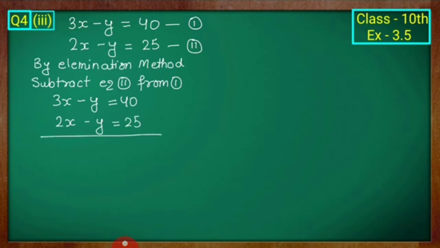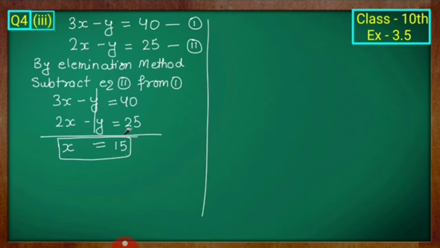That is the second equation. Now we subtract both the equations because we are going to eliminate the y term, and y has a negative sign in both the equations. For the same sign we have to subtract. So 3x minus 2x is equal to x, and 40 minus 25 is equal to 15.